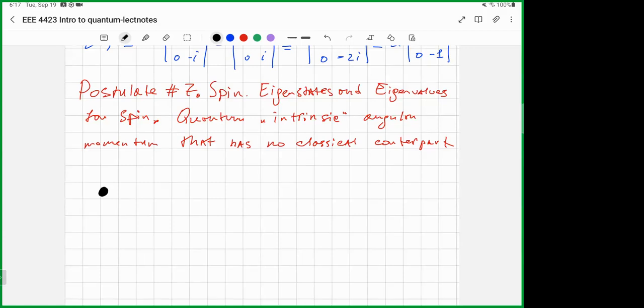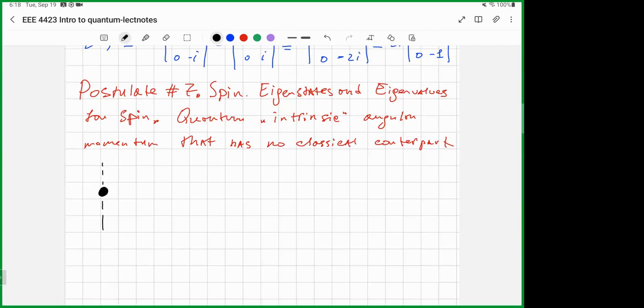So the behavior of the electron really depends on in what experiment, in what situation we observe the electron.